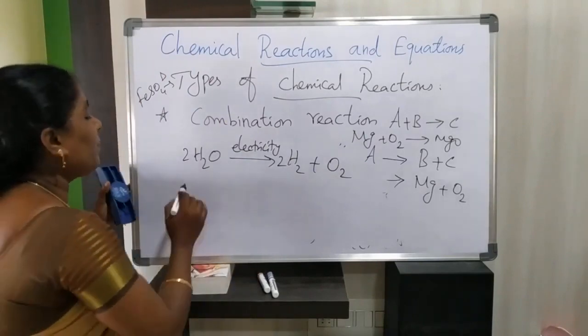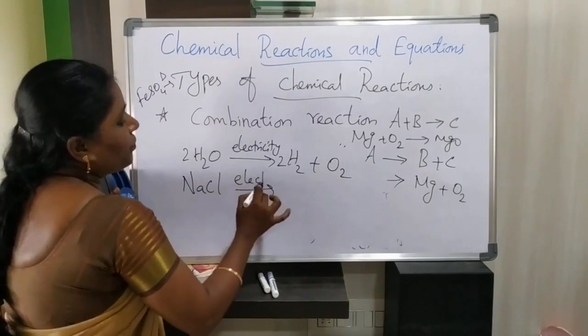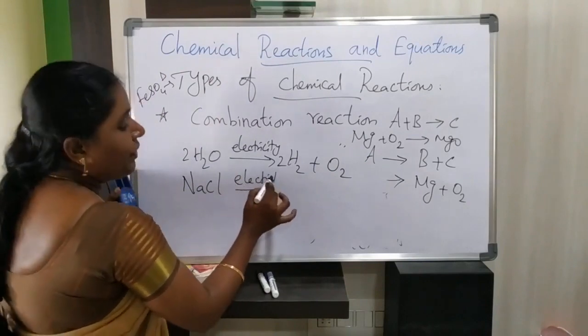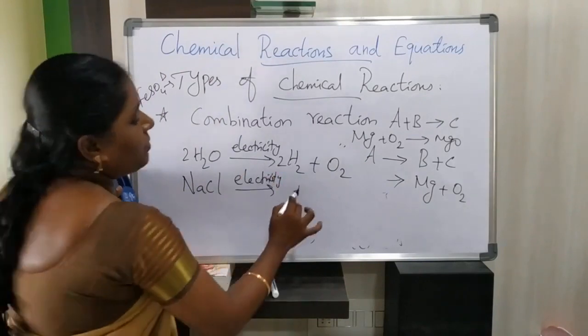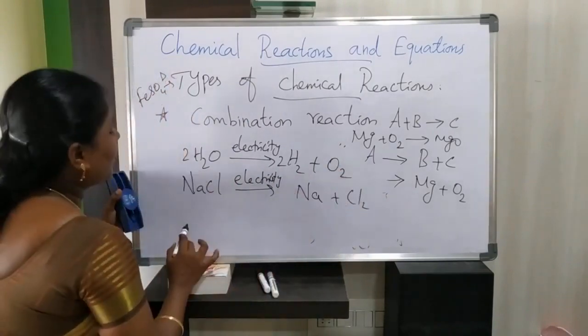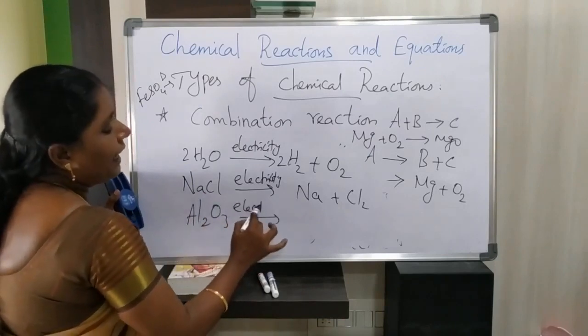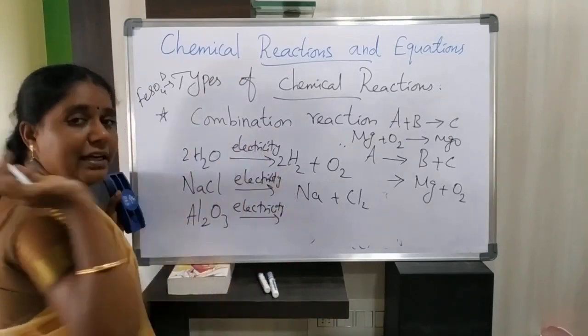Same like the sodium chloride in presence of electricity, it forms sodium and chlorine. Same like this, aluminum oxide in presence of electricity, what happens?